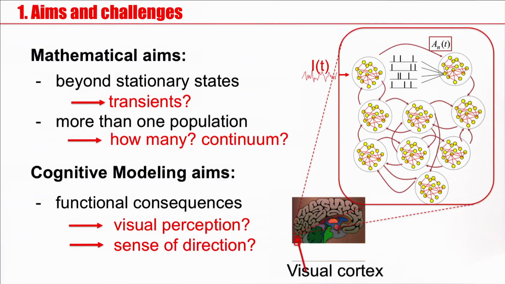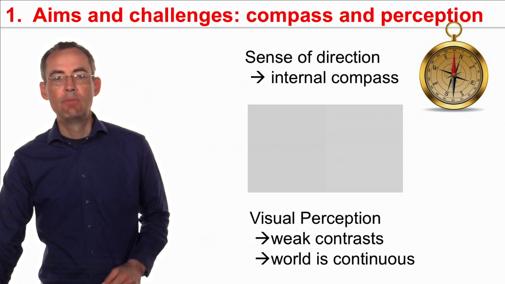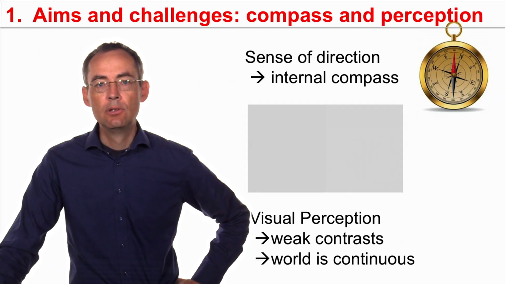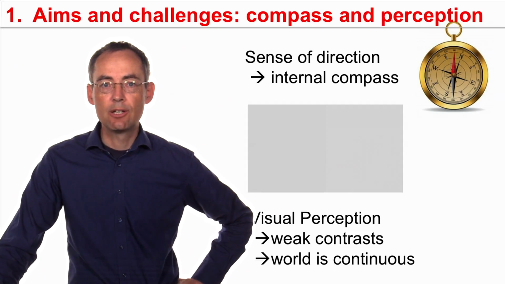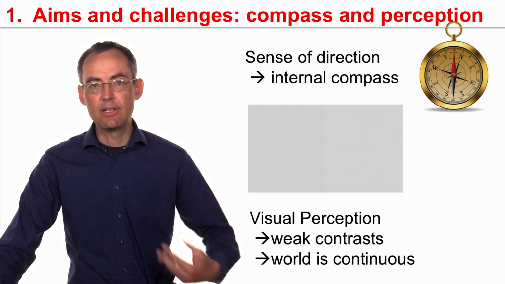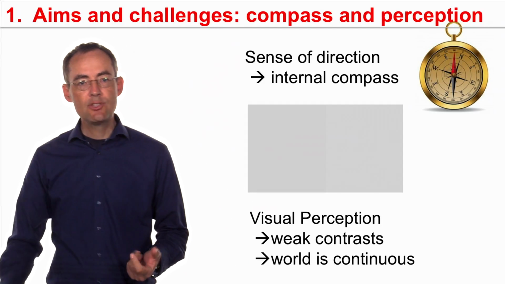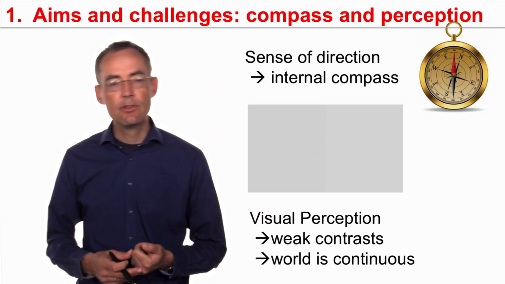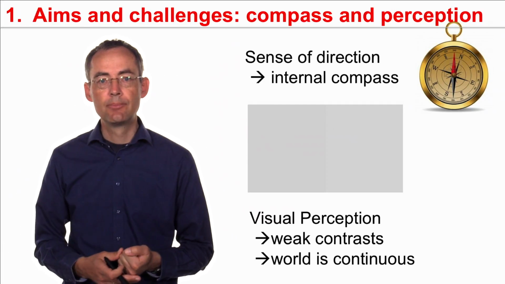Now, in terms of cognitive modeling, our aims are to describe a few effects of visual perception and the sense of direction that we had discussed before. We'll have to do quite a bit of math to arrive at the so-called field equations. These field equations are intrinsically continuous, and this continuity reflects the fact that the world outside is continuous.